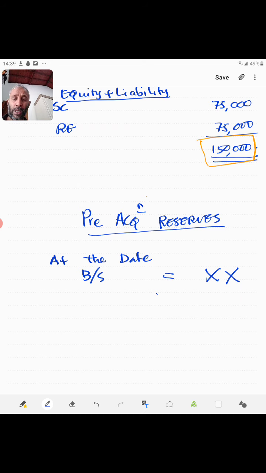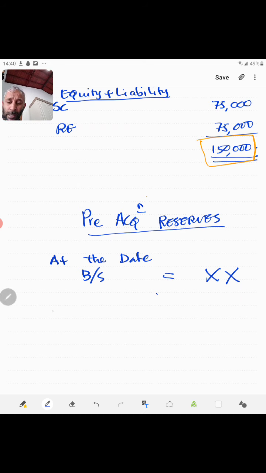What is the total of the pre-acquisition or the total reserves, not the pre-acquisition reserve. Total reserves will be available in the statement of financial position. But on the other hand, the introduction paragraph or additional information paragraph will specify what the reserves were either at the date of acquisition or prior to that.